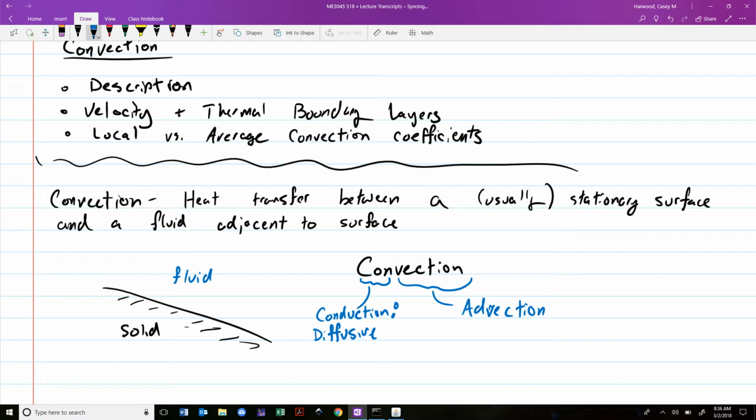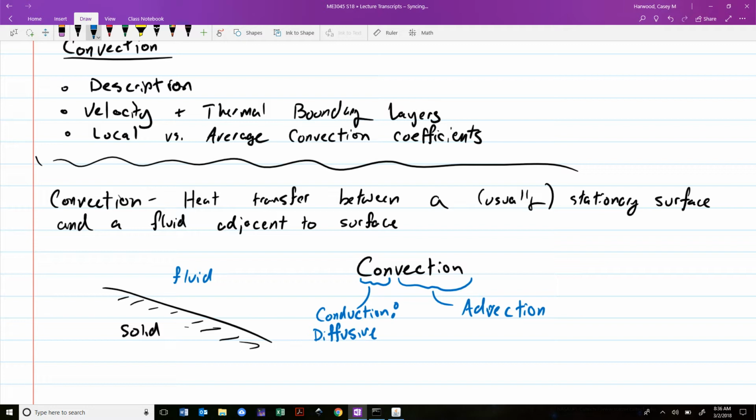Okay? This is especially true because, and we'll talk about this in a second, whenever there's a fluid moving past an object, what do we know the velocity of that fluid is at the object? 0, right? There's this thing called a no-slip boundary condition. And so if the fluid has a 0 velocity right where it meets this solid boundary, then the only way for heat transfer to cross that initial boundary between the solid and the fluid is by conduction.